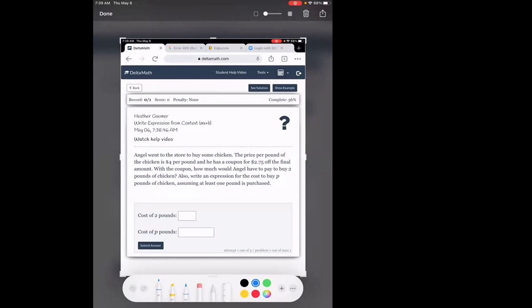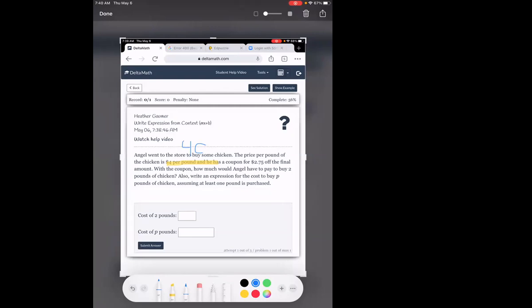Okay, so here's what we know in general. I'm going to highlight this information right here. $4 per pound. Okay, that to me translates to 4 times the number of pounds of chicken. So if you take $4 times however many pounds of chicken he buys, that's the total amount of his cost.